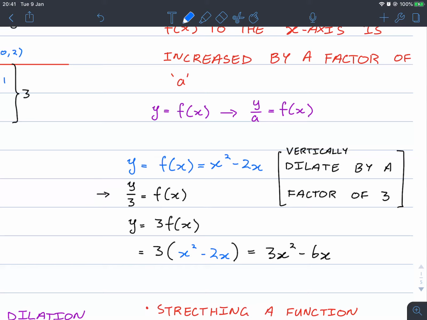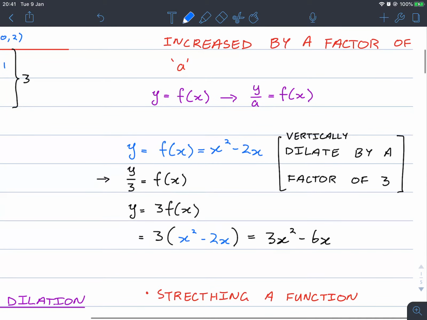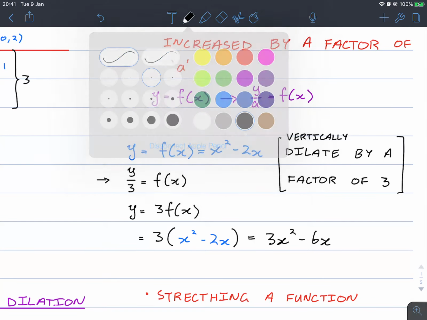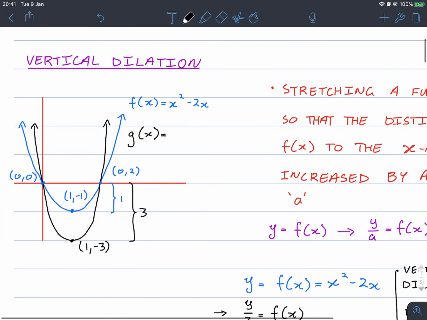Multiplying both sides by 3, we get 3 f of x. 3 times the function is equal to 3x squared minus 6x. So in reality, this function g is actually 3x squared minus 6x.